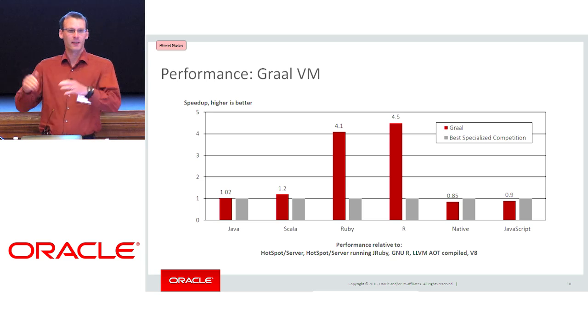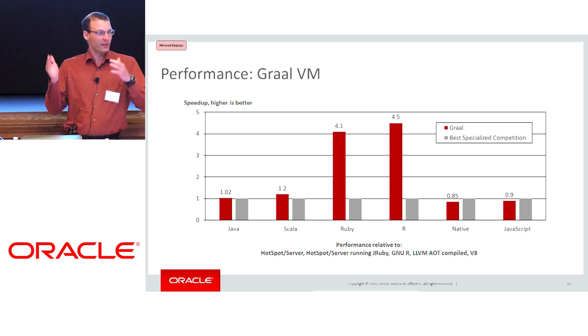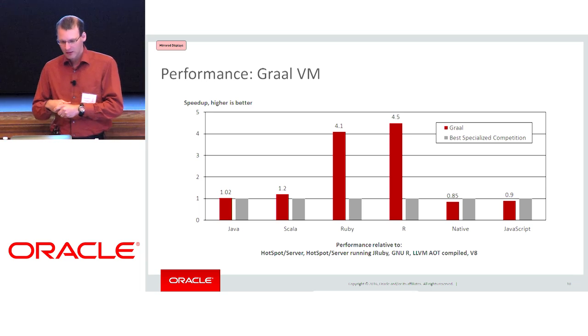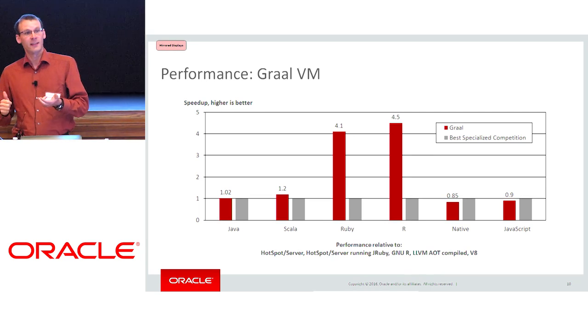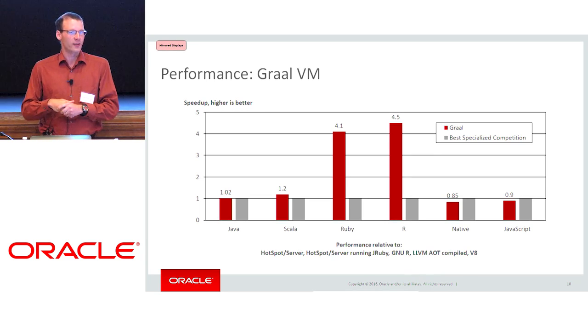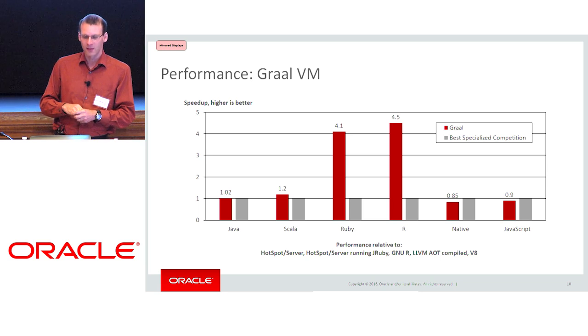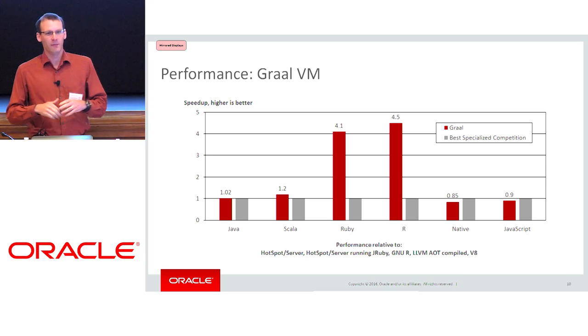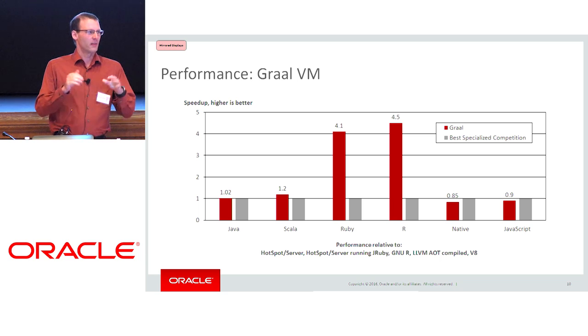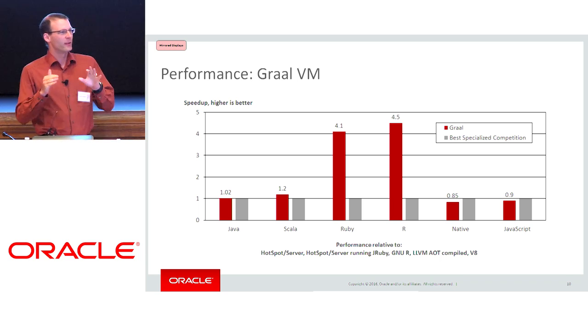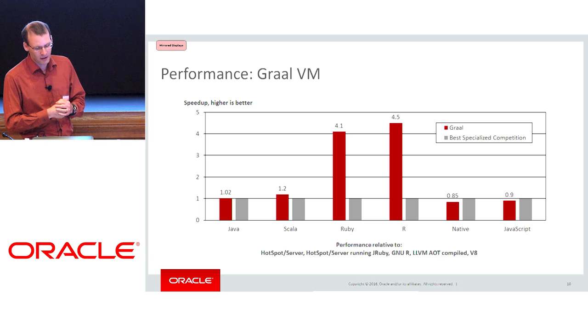Just what do you get if you run all this infrastructure just on the Hotspot VM? You can go to our page on the Oracle Technical Network. You can download the whole thing. You can run all that yourself. So you can reproduce all the numbers at home if you want. For Java code, Graal gives you the same performance, more or less, as the Java Hotspot server compiler.